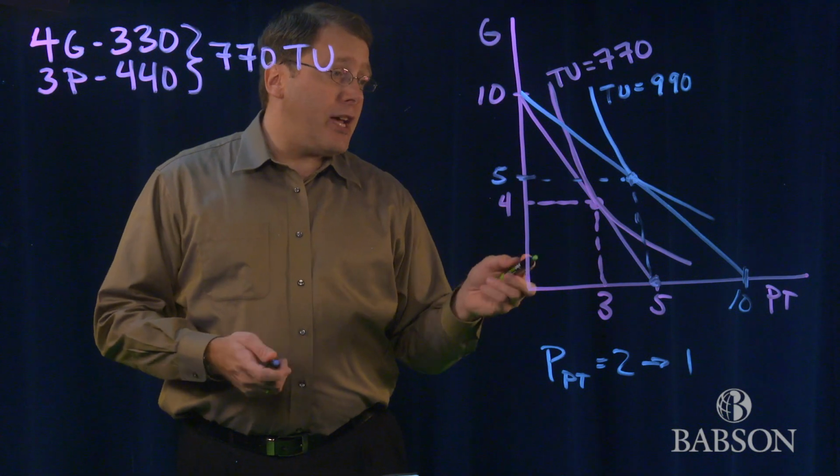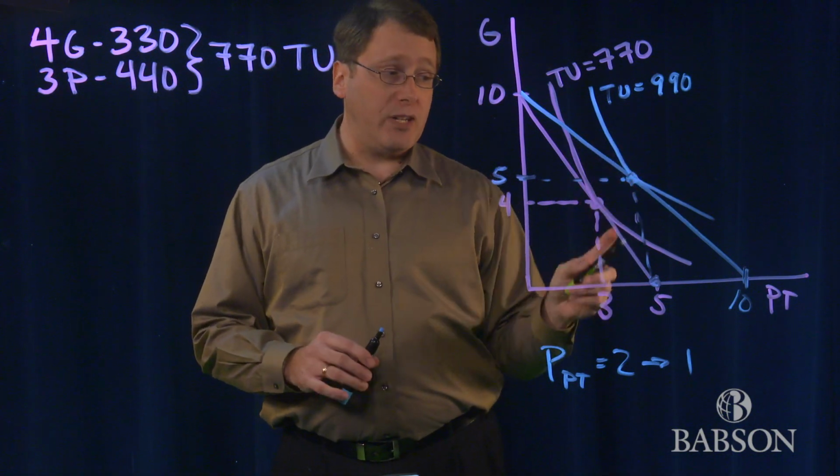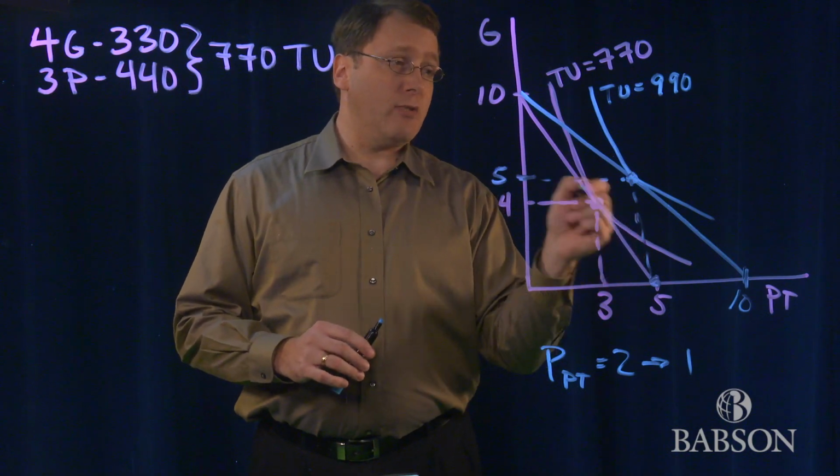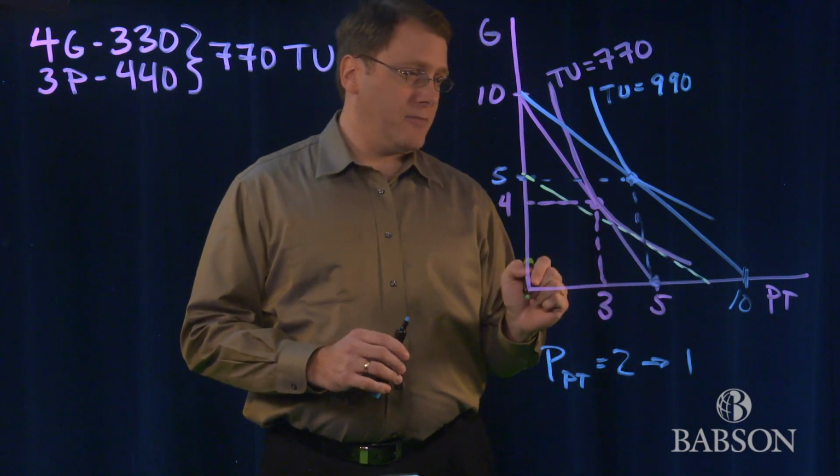And what we could do then is imagine a budget constraint that's parallel to that new budget constraint, but on the original indifference curve. And so that would look something like this.